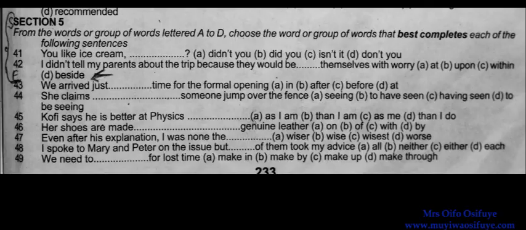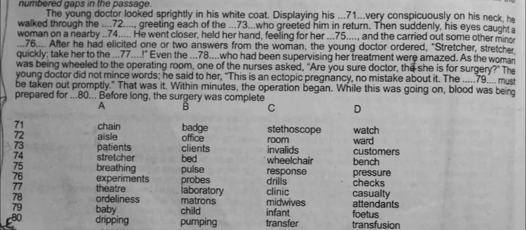Section 6 is a different ball game from all other sections, because in section 6 we are given a passage with different gaps that we are going to fill, and we are going to pick options from the given options to fill the blank spaces.